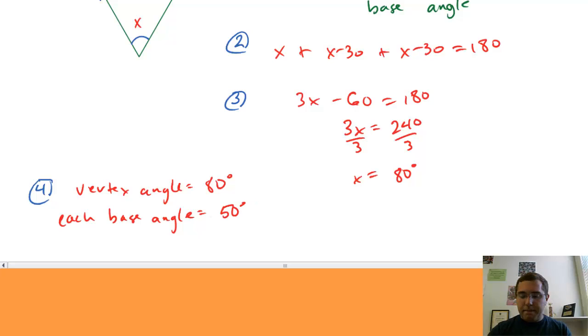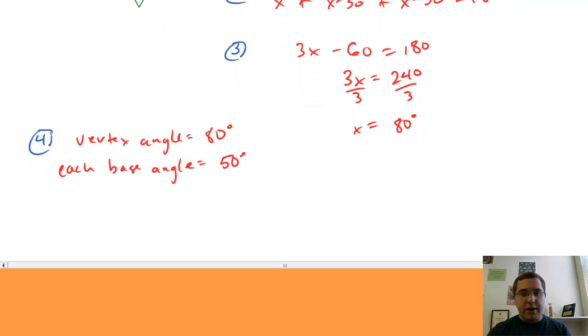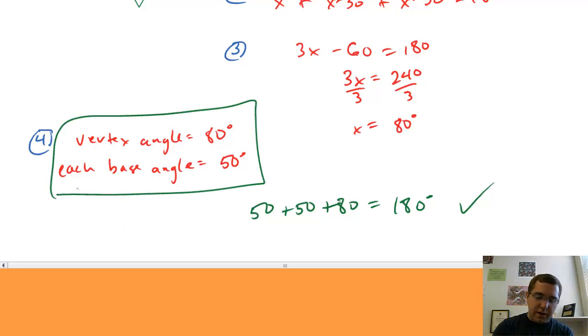So let's check our answer. Make sure that 50 plus 50 plus 80, the sum of the three measures of the angles, is exactly 180, and really easily we can see it is. Check. So the vertex angle is 80 degrees, each base angle is 50 degrees.